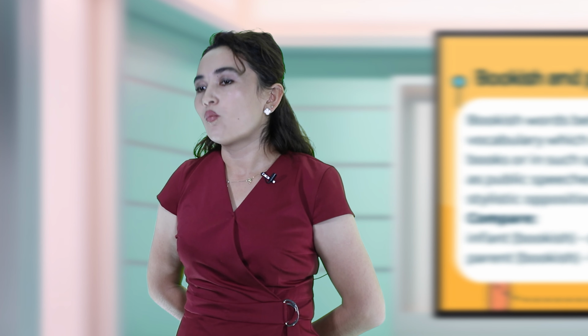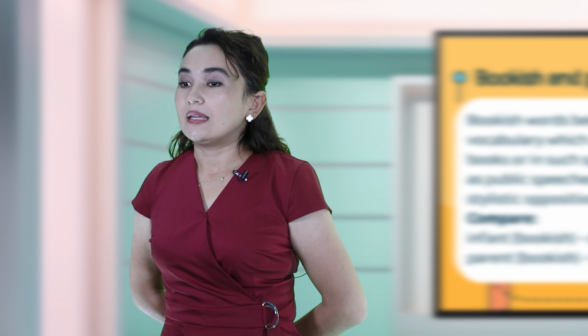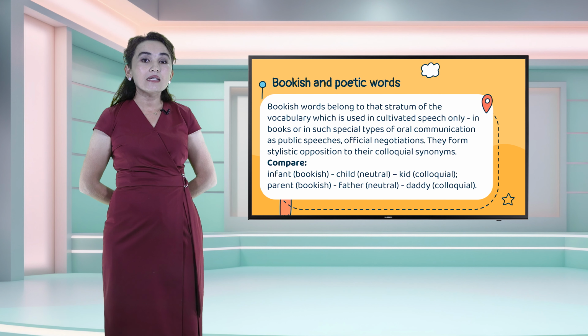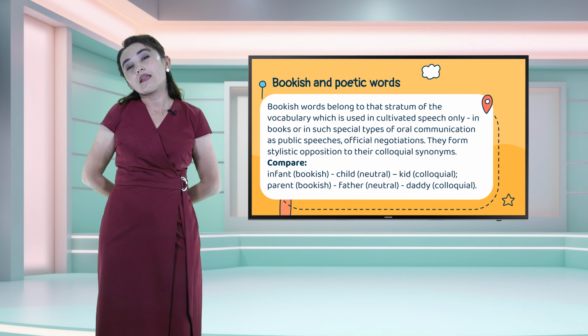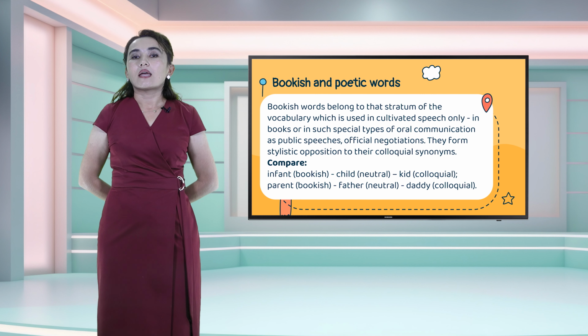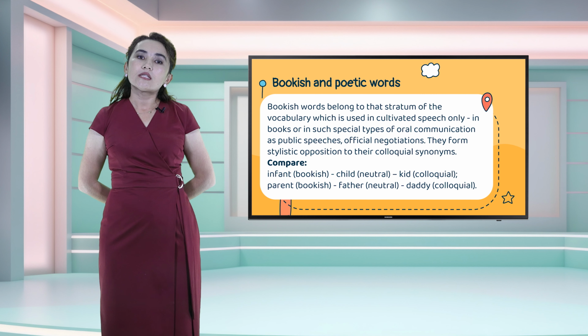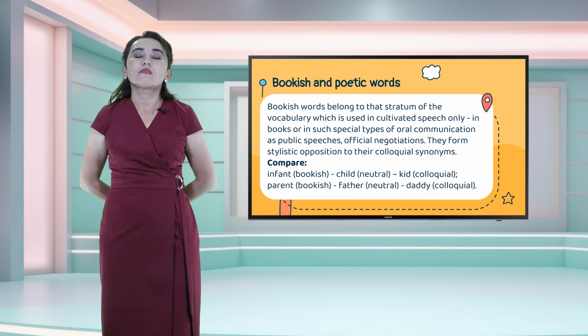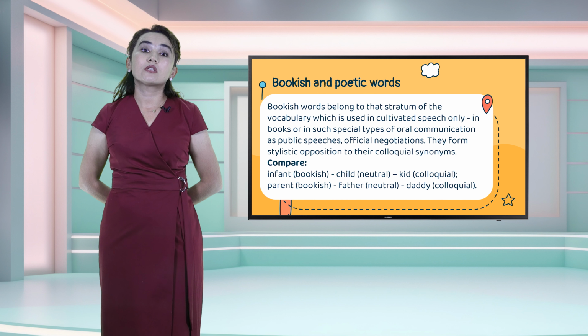I can give you more examples, but that is enough. These poetic words were mostly used in poetry in the 17th to 19th centuries. Even these words can have other meanings than the words used at present.